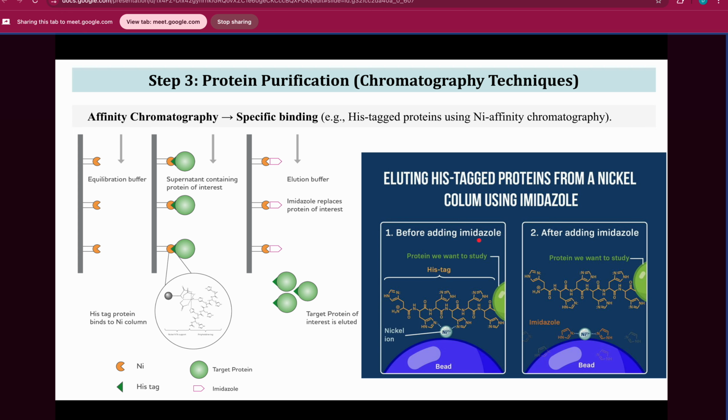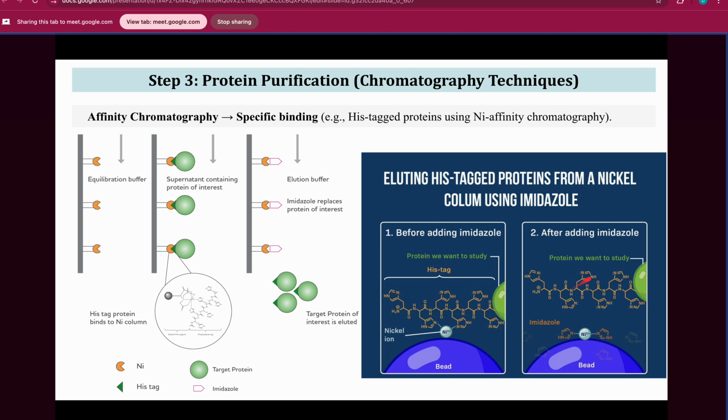Before adding imidazole, the protein which we want to study has the histidine tag. The nitrogen of the imidazole rings is interacting with the nickel ion. So these proteins get attached to the beads; they will not move out and will not get eluted. In the second phase, after all the other proteins have eluted out, only the histidine tag proteins are present.